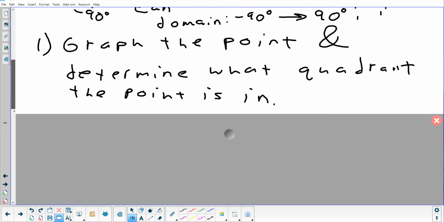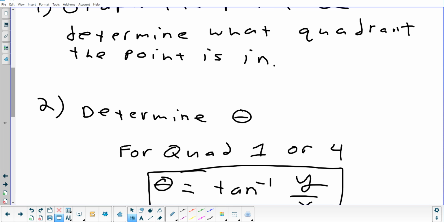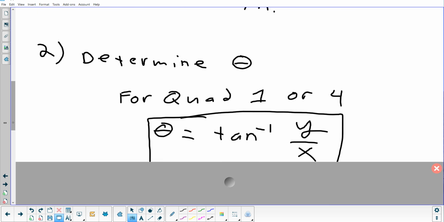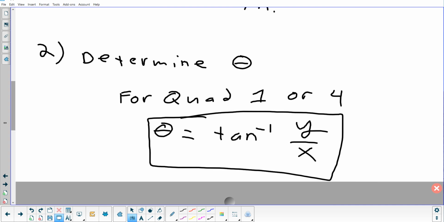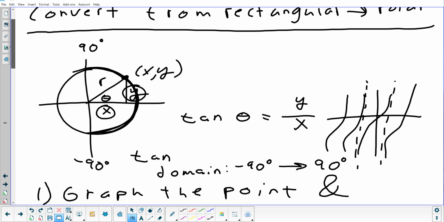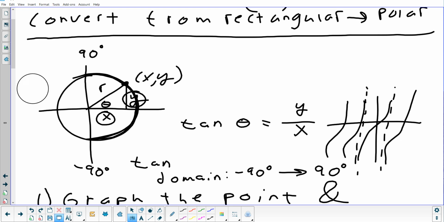Oh, I'll show you. If you're in quadrants 1 and 4, the inverse tangent works fine. You can just do inverse tangent because you will get an answer in quadrants 1 and 4. If you want to get an answer in quadrants 2 or 3, you have to add 180.